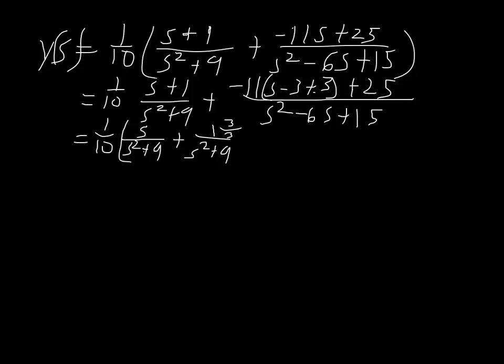Alright, so now the reason why I did this 3 over 3 is because that's a Laplace transform table thing, to where this is sine, and if you recall, the Laplace transform of sine is a over s squared plus a squared.